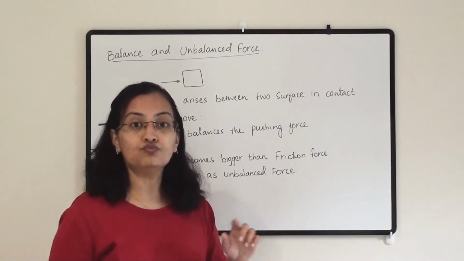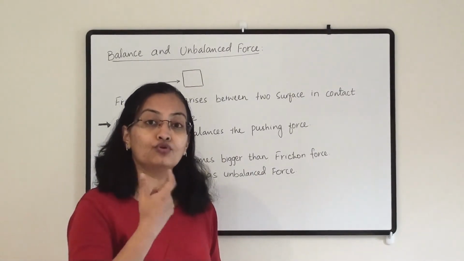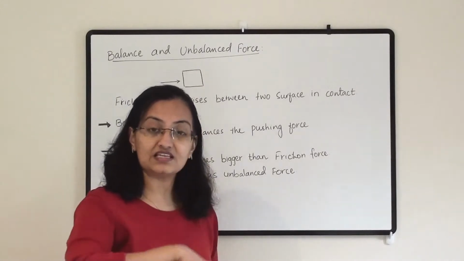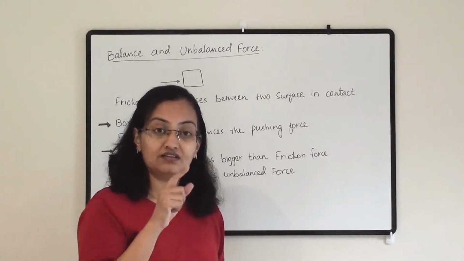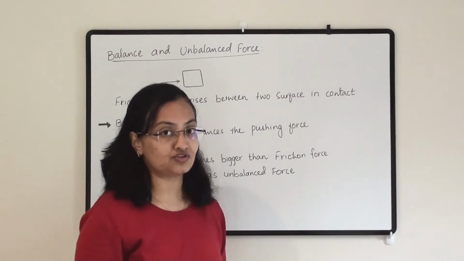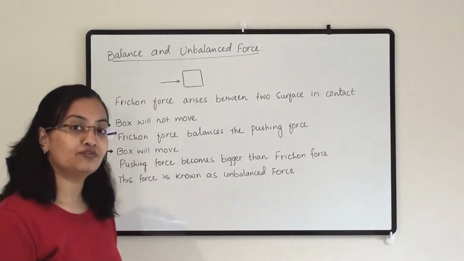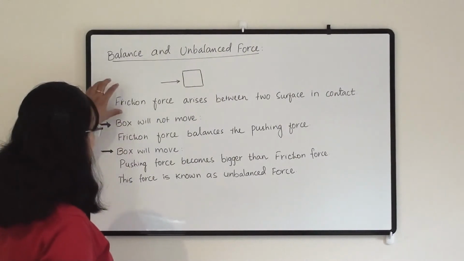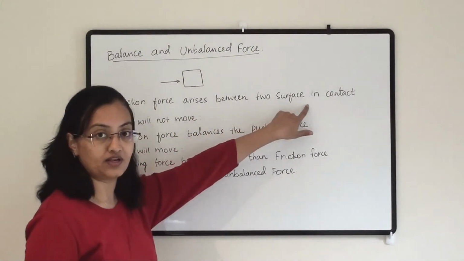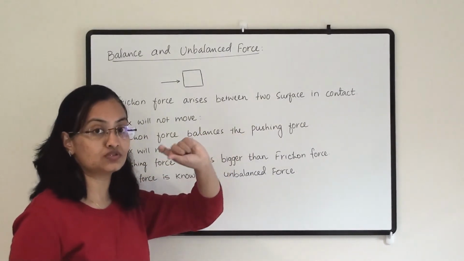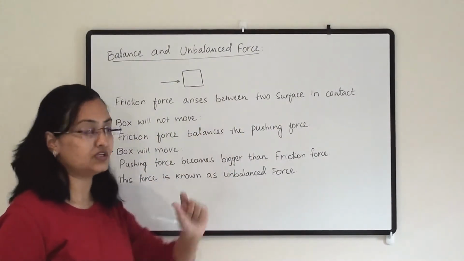If there is continuous movement of a rope on a stone, then we can see the marks of the rope on the stone, right? That is friction. Those marks have come from the friction. So all these are examples of friction. Now let us understand that the friction force arises between two surfaces in contact. It is important that those two surfaces should be in contact with each other.